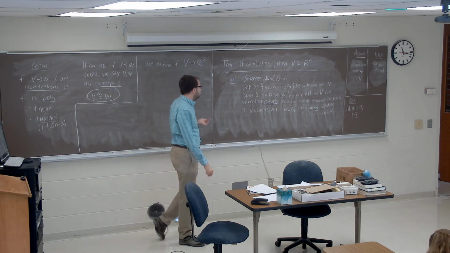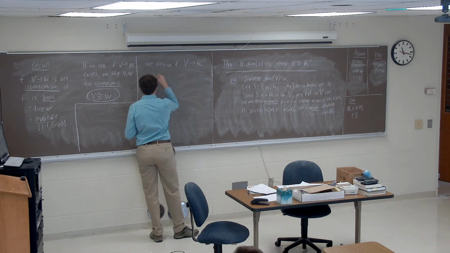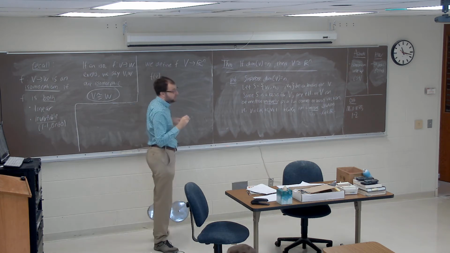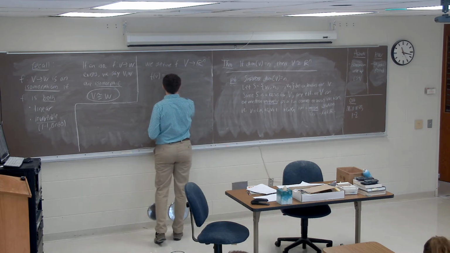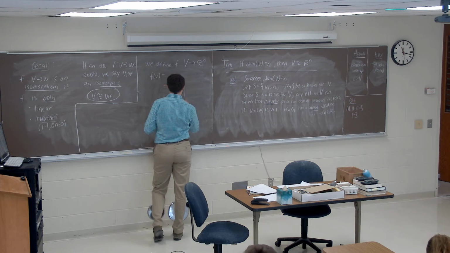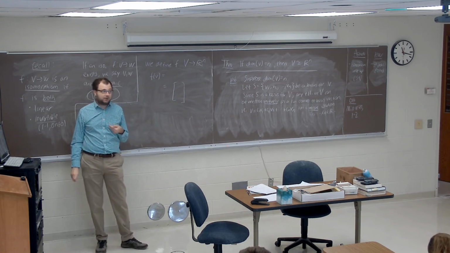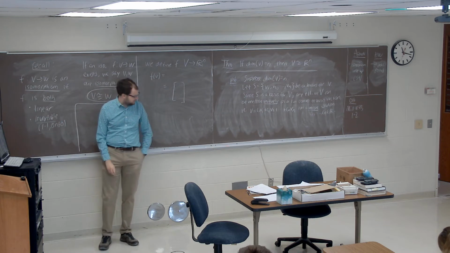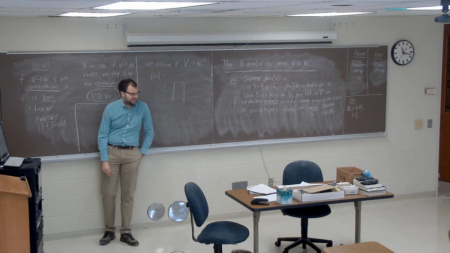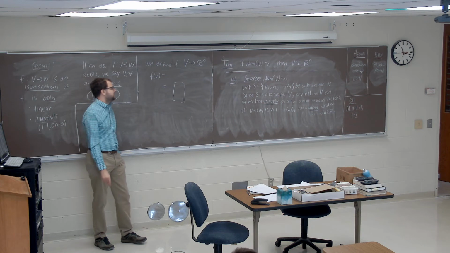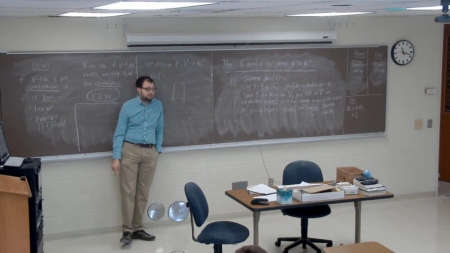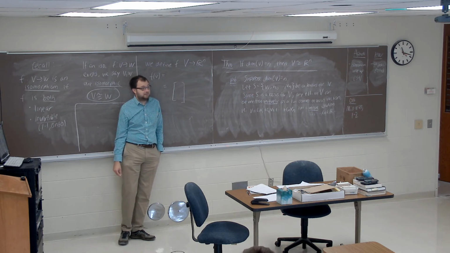I need to find a way to take in a vector v from this arbitrary vector space of dimension n and have it spit out a vector of n scalars in Rn. So how can we do that, using what we've defined so far? How can we take in a vector v and spit out n different scalars that give us a vector in Rn corresponding to the input v?